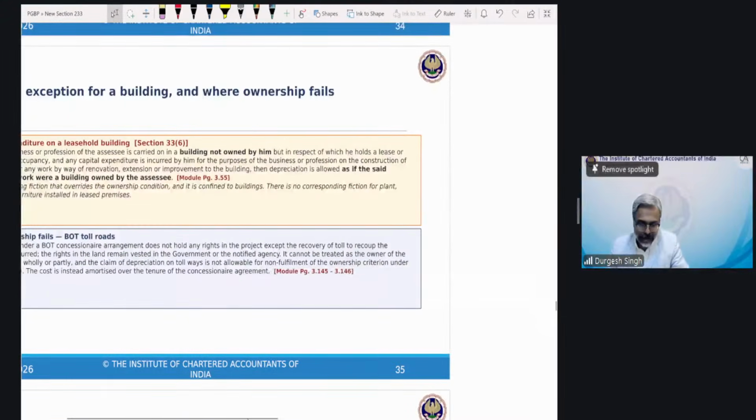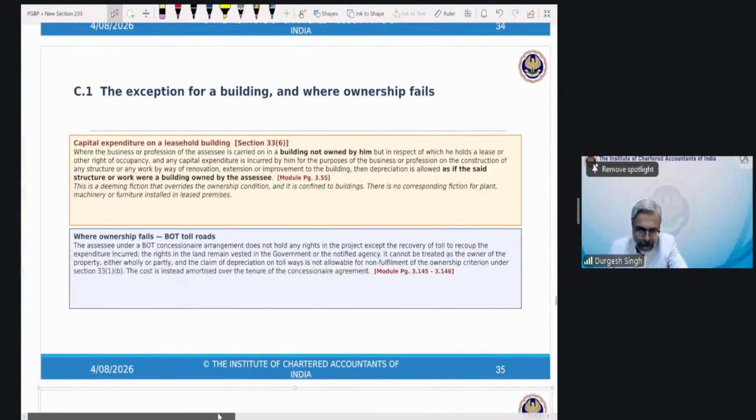A provision. See the provision, students, what they've done. Please have a look, students. The provision itself. Can you see this? Capital expenditure on leasehold building, 33.6.